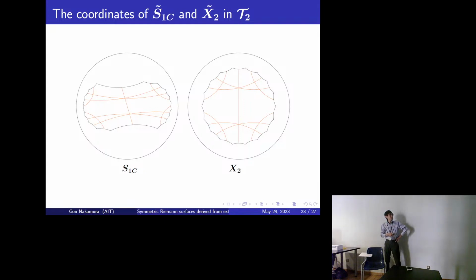And the X sub 2 means the second one. The important thing is that these two polygons have a similar cycling pattern. So I want to know the difference of these two surfaces.